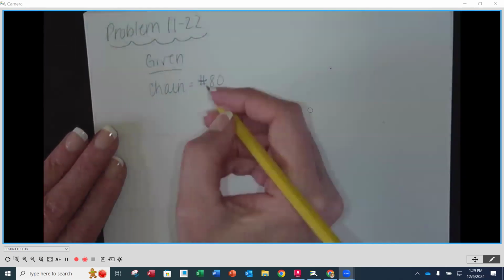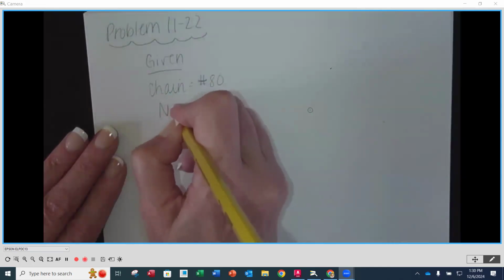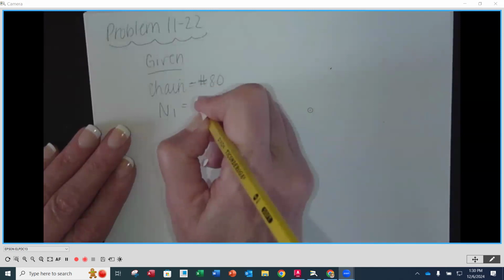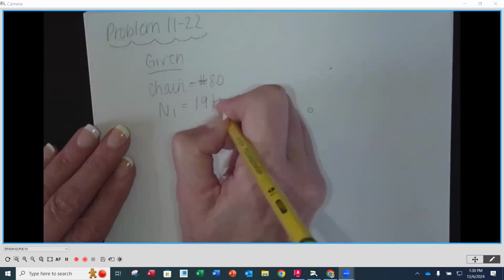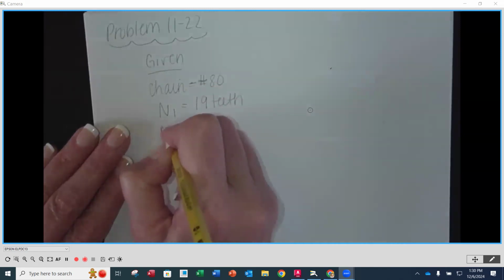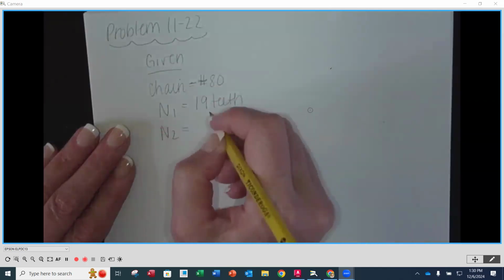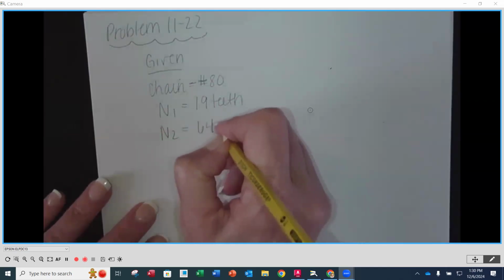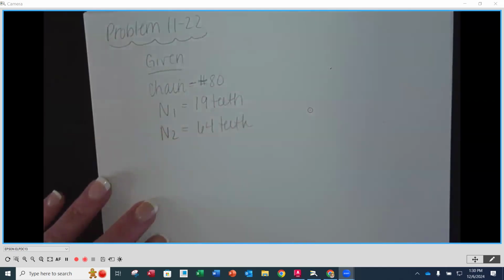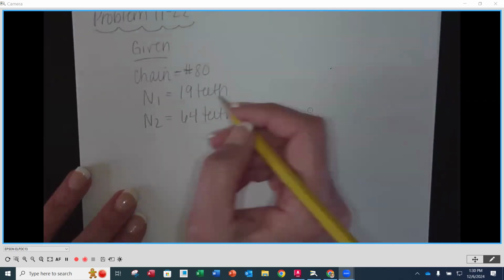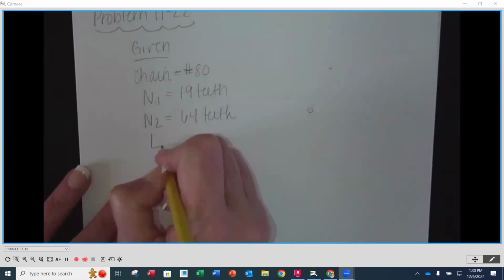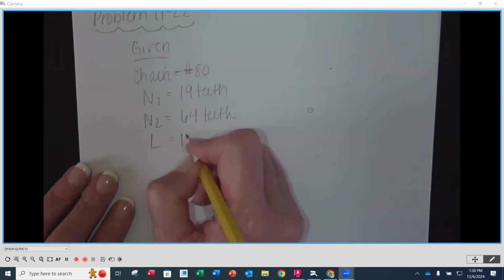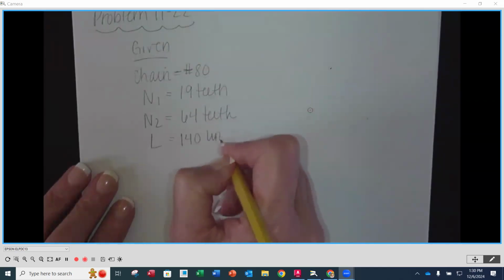We're also given that the number of teeth on the smaller gear, or the input gear, N1, is 19 teeth. The N2 on the larger, I shouldn't say gear, they're sprockets. They're sprockets when it's chains, 64 teeth. They're kind of like gears, very, very close, right? And then our L, the length of the chain, is going to be 140 links.